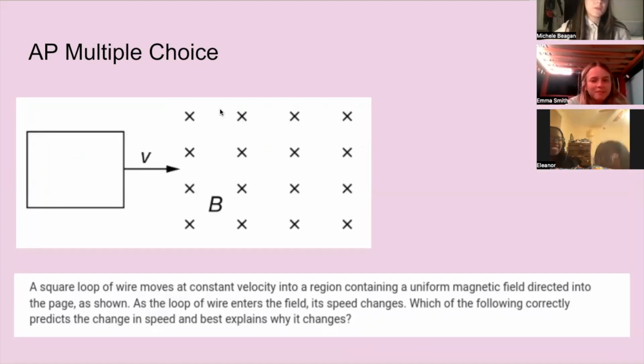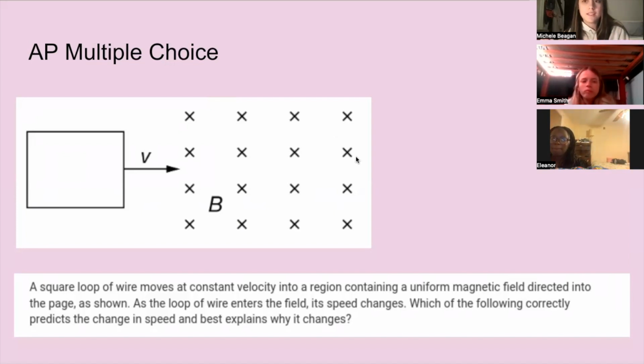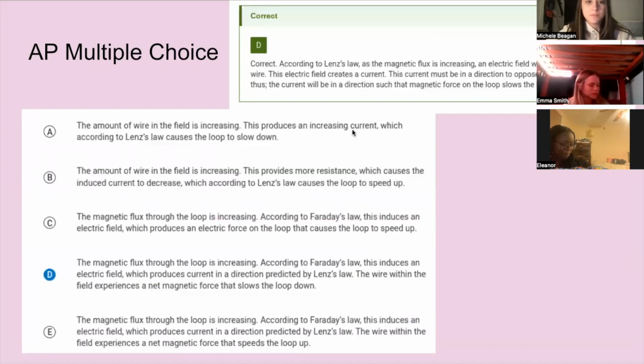For our next multiple choice question, we are trying to basically find what happens when the loop of wire moves into the region with the magnetic fields. So the answer is D. And basically, Lenz's law denotes that because the magnetic flux is increasing when it's moving into it, it's going to create the electric fields.